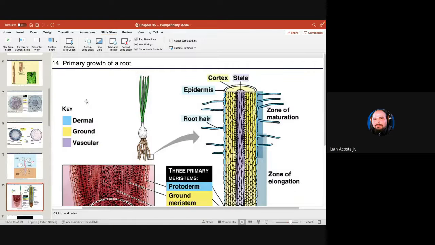Phloem and xylem, what type of tissue is that? Vascular.